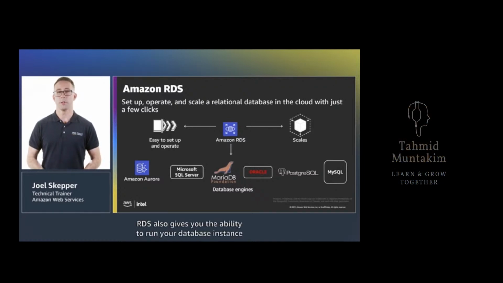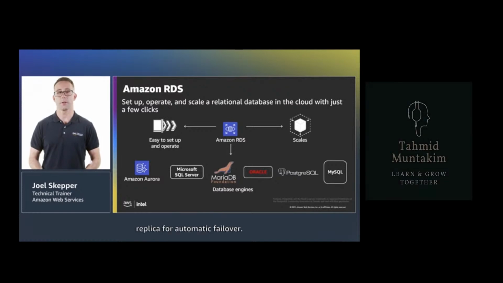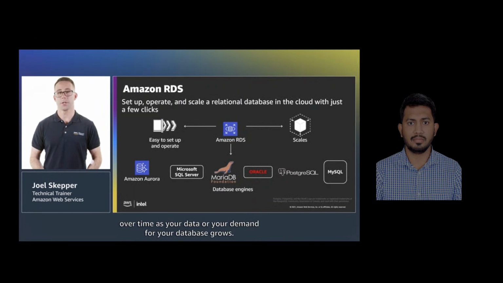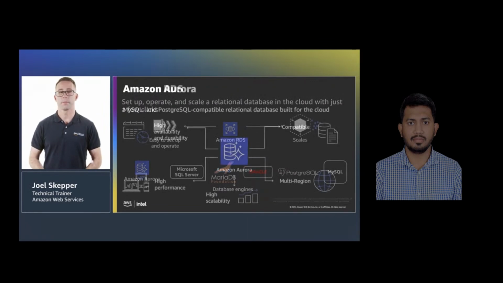RDS also gives you the ability to run your database instance in a multi-availability zone deployment, which increases fault tolerance by maintaining a synchronous replica for automatic failover. Lastly, you can scale the compute resources and storage capacity needed for your database over time as your data or your demand for your database grows.